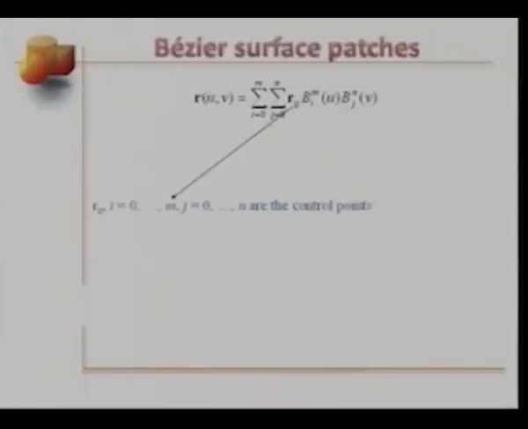As I said, R sub ij, where index i goes from 0 to m and j goes from 0 to n, are the control points or the design points. B_i^m and B_j^n are Bernstein polynomials in u and v.